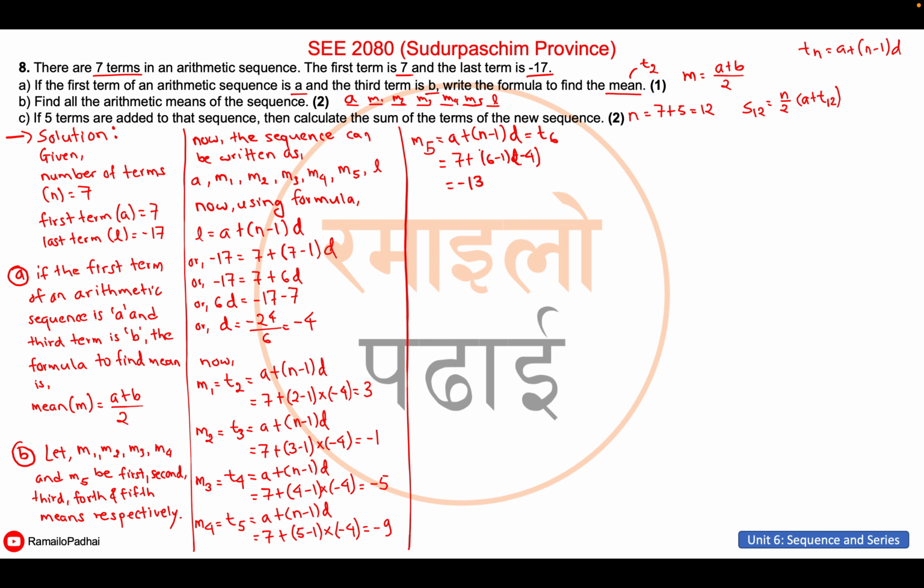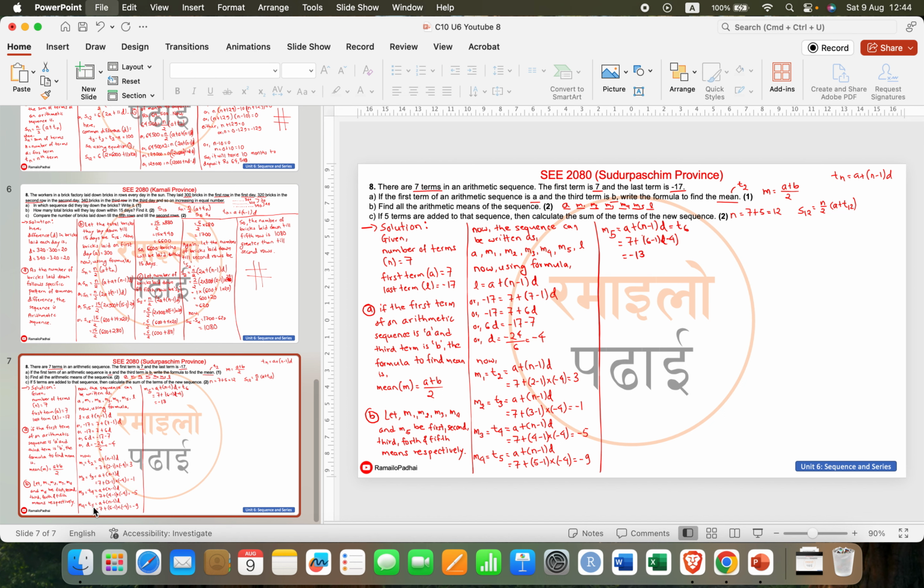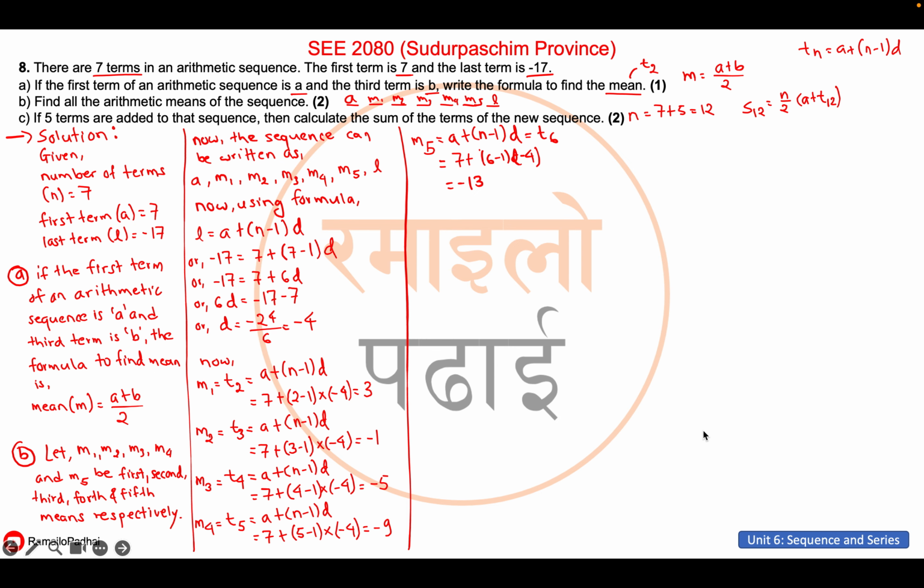So 3, minus 1, minus 5, minus 9 and minus 13 are the arithmetic means of the sequence.